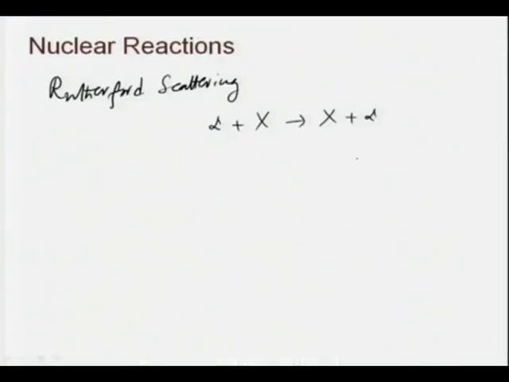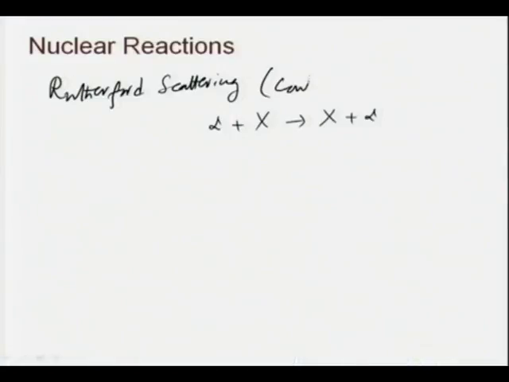So, this is an elastic kind of scattering; you do not have different types of particles produced. The initial projectile is alpha, the target is x, say gold or whatever, and finally there is no change. It is just a kind of Coulomb scattering.